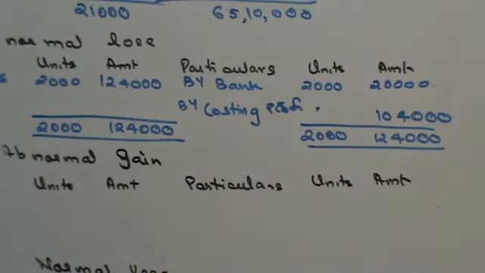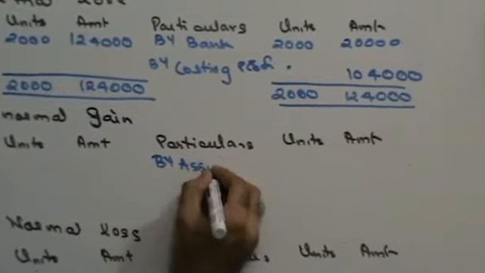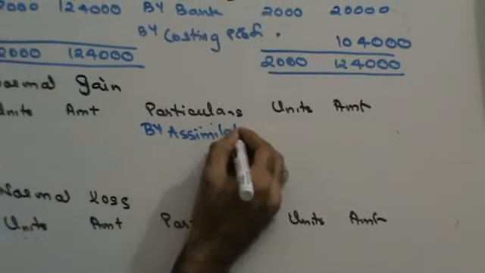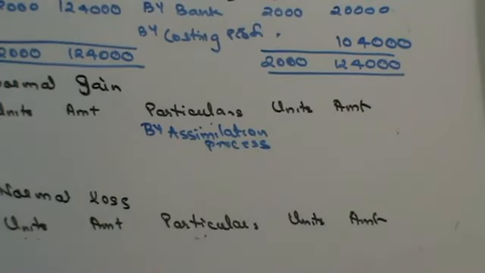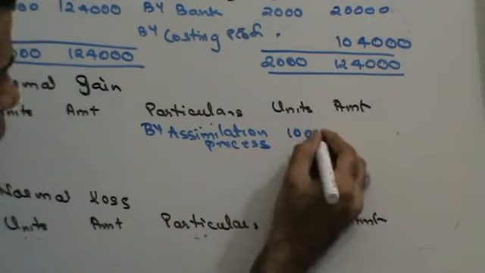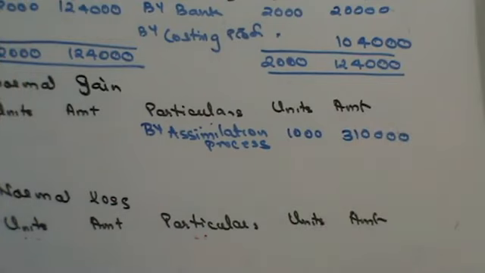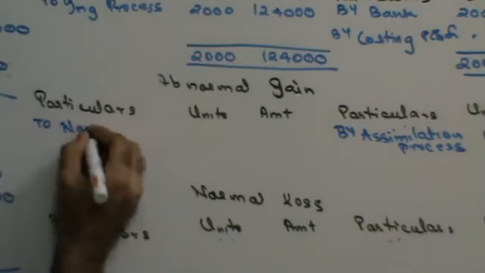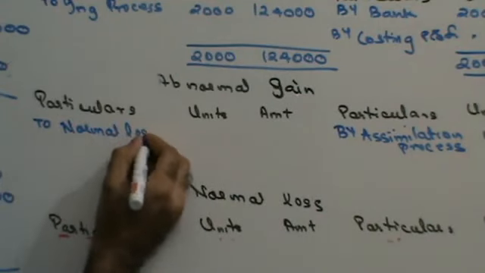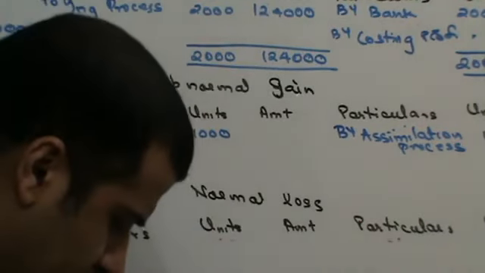Right? Next, abnormal gain. Abnormal gain I have in assimilation process. By assimilation process. Assimilation process is 1,000 units and 3,10,000. Right? This is going to be to normal loss, which is 1,000 units, and you have to multiply this by the scrap value.